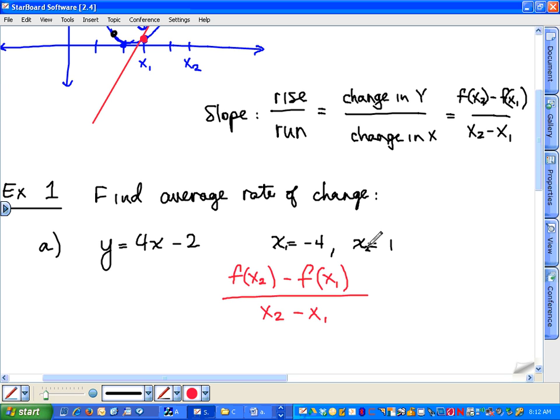So if x2 is equal to 1, we need to find f of x2, and we also need to find f of x1. Then we need to subtract those 2 quantities. So f of x2. What is f of x2? F of x2 is the same as f of 1, because x2 equals 1. F of 1 is 4 times 1, which is 4, minus 2, so that's 2. F of x2 equals 2.